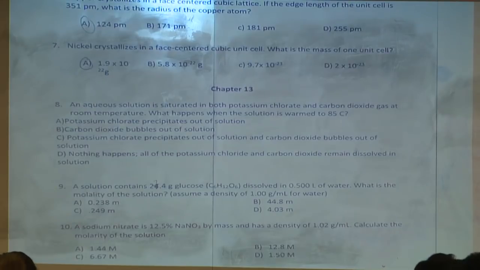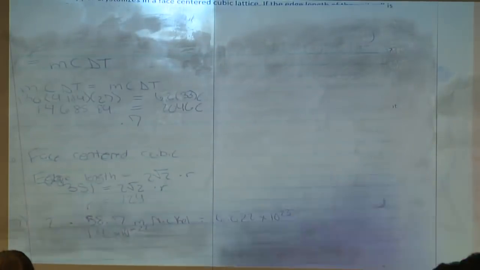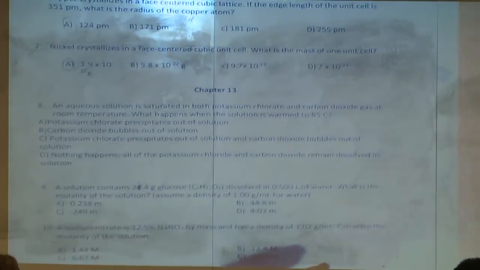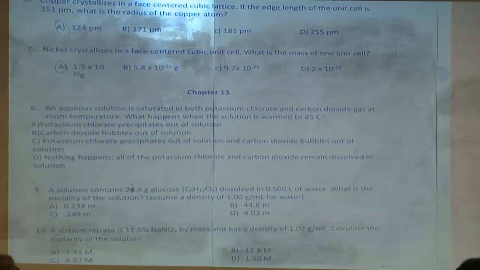You just divide. I got like 7 points. It should be 0.7. Could be a calculation error. I don't know.